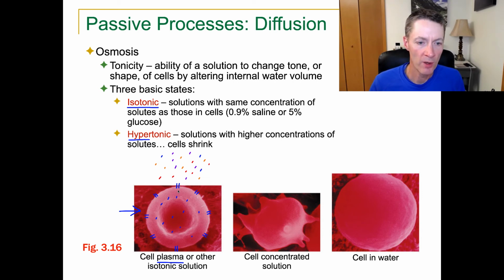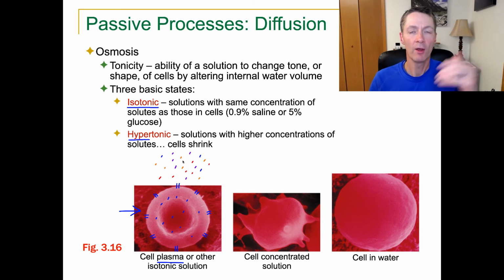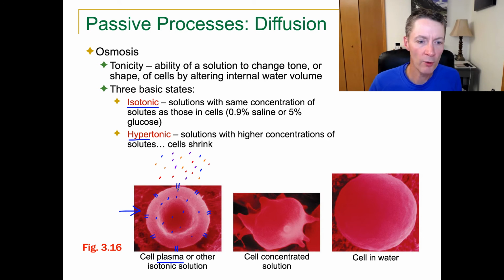So, which way is water going to go? We have inside the cell where it's more dilute, more water in other words, not as concentrated with solutes, and outside of the cell where it's more concentrated, less water in other words. It's going to be like a sponge, right, for water. So which way is water going to go? Well, water is going to move outside of that cell.